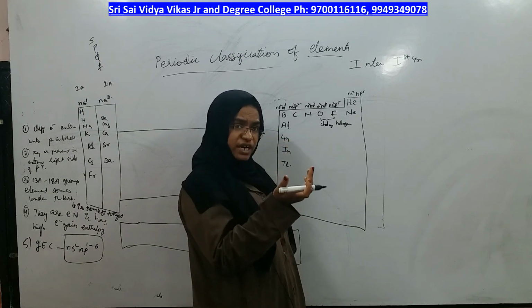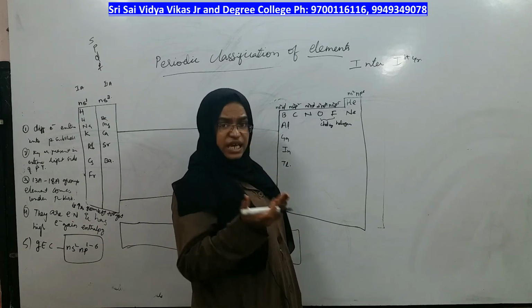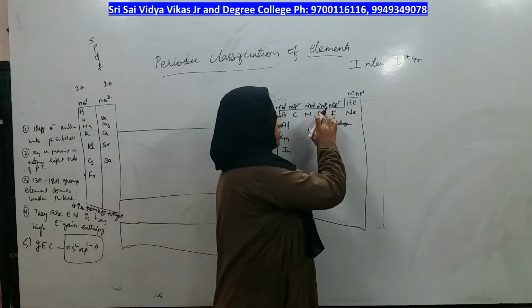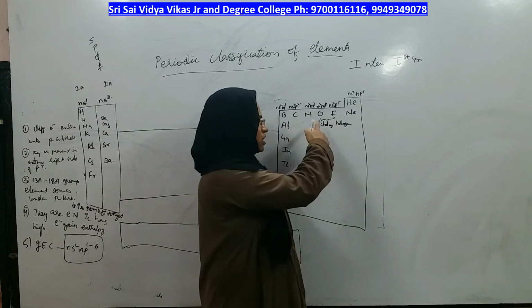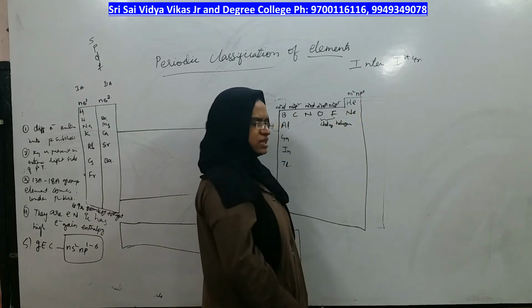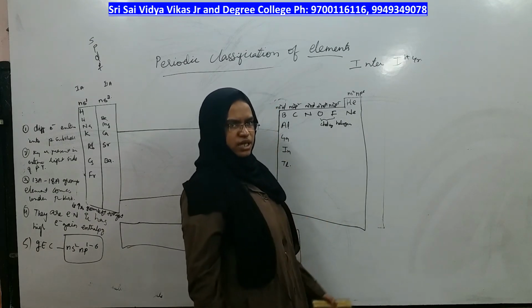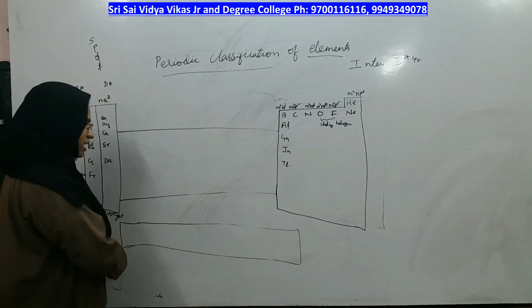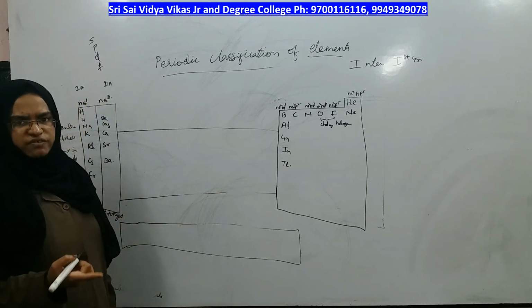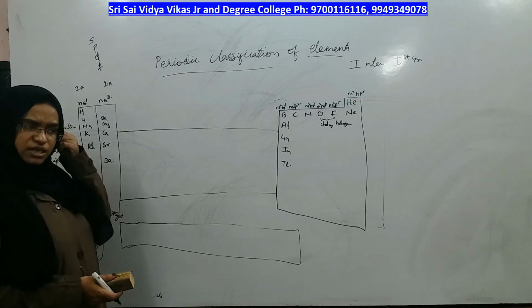They also have higher electronegativity and can easily accept electrons. The oxygen family, or chalcogens, accept 2 electrons to become noble gas, and the fluorine family accepts 1 electron to become noble gas, right? So these are highly electronegative and gain electrons very easily. This is about p block elements, right?